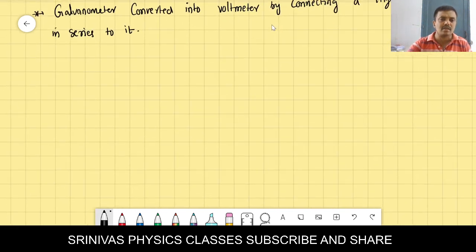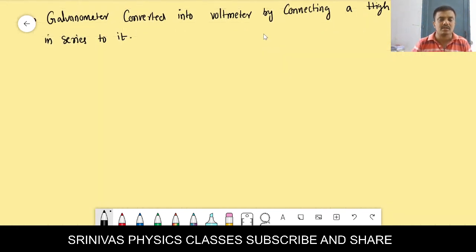The galvanometer is converted into a voltmeter by connecting a high resistance in series to it. Very simple. This is the galvanometer, and it is converted into a voltmeter by connecting a high resistance in series.